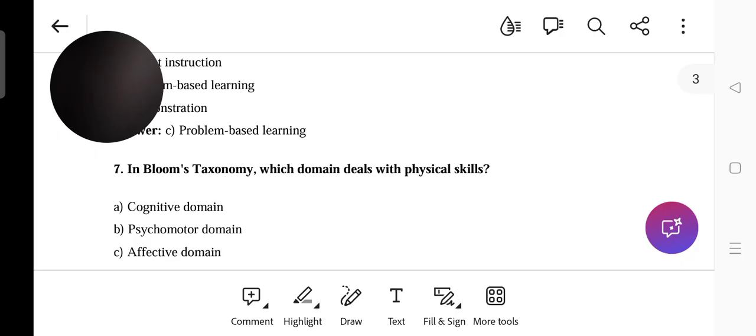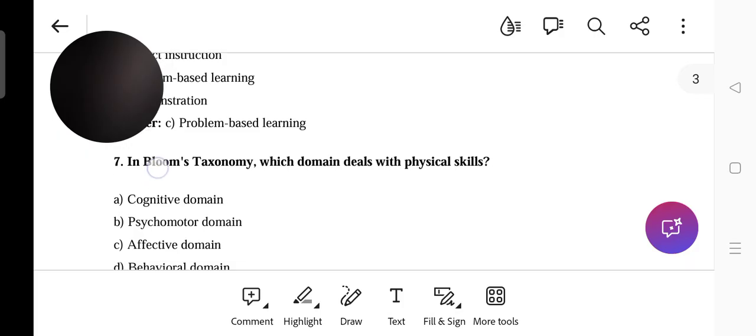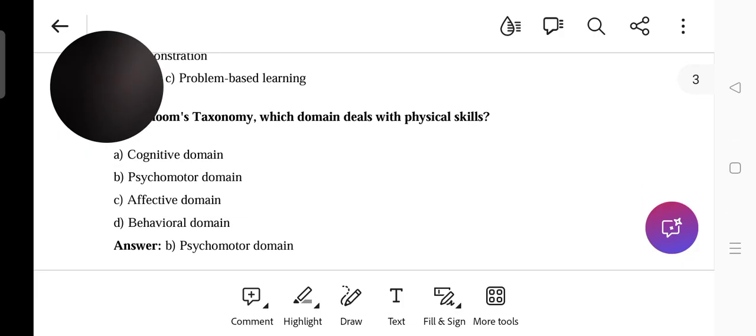Next question: in Bloom's taxonomy, which domain deals with physical skills? Option A, cognitive domain. Option B, psychomotor domain. Option C, affective domain. And option D, behavioral domain. So the appropriate option will be psychomotor domain.